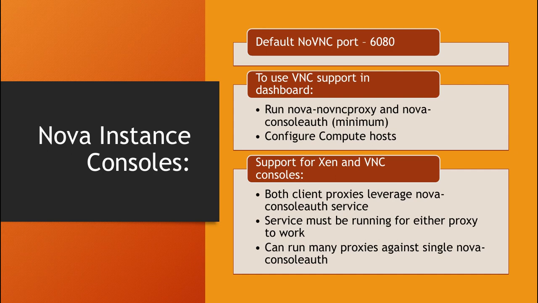So at least you should have one of these two services running to have the proxy work. And also you can run many proxies against a single Nova console auth. So you do not need to have a single proxy service running against console auth. You can have multiple proxies running.